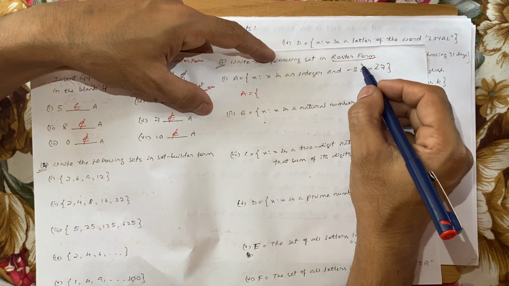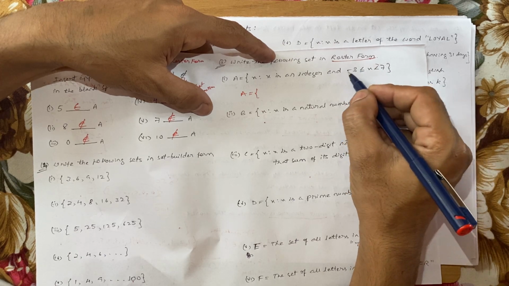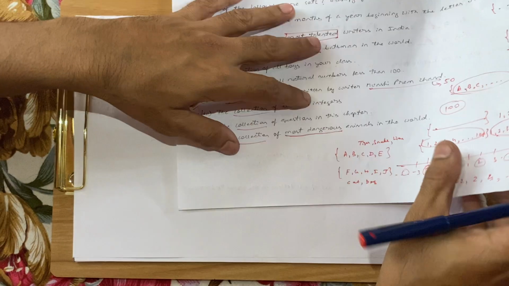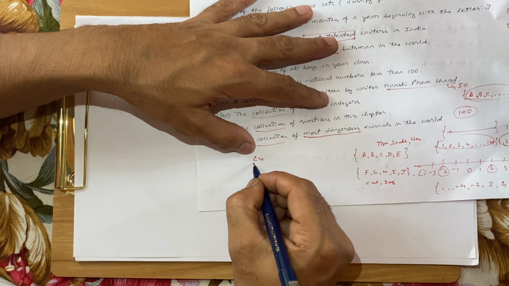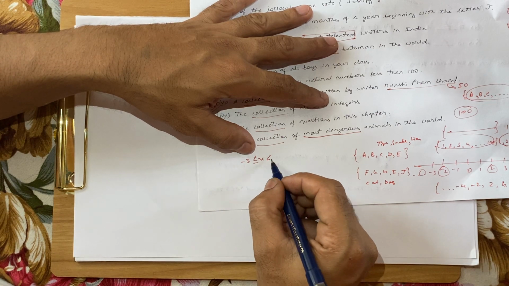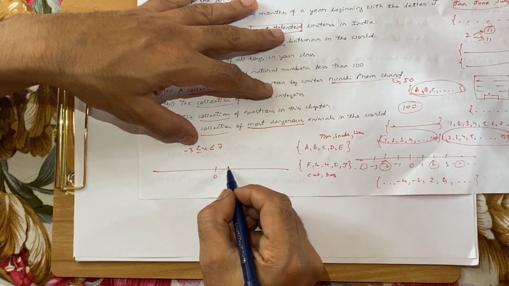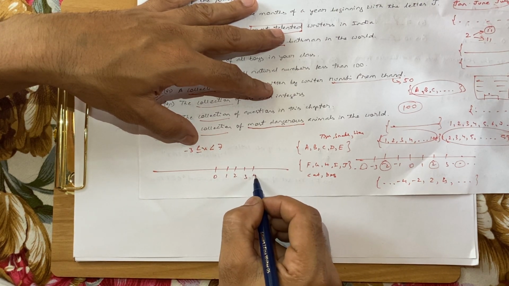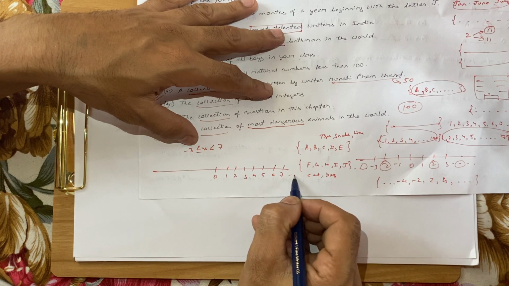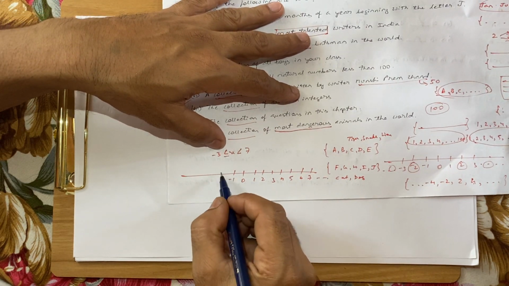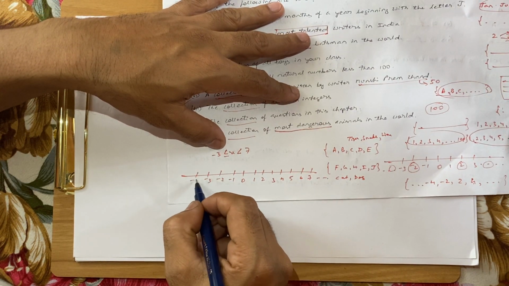Now don't get confused with this kind of a condition. If I try to explain, this says x is greater than or equal to -3 and less than 7. If you see here in the number line, this is 0, this is 1, this is 2, this is 3, 4, 5, 6 and 7 and so on. On the left hand side, -1, -2, -3, then you got -4.